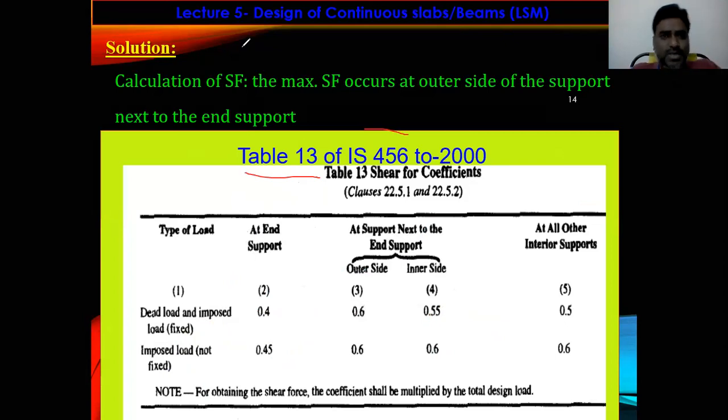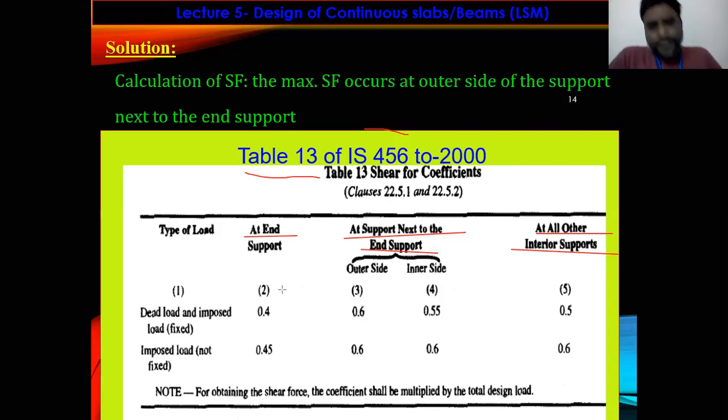So from this table, you can observe that different supports are given: at the end support, at the support next to the end support, and at all other interior supports, right?